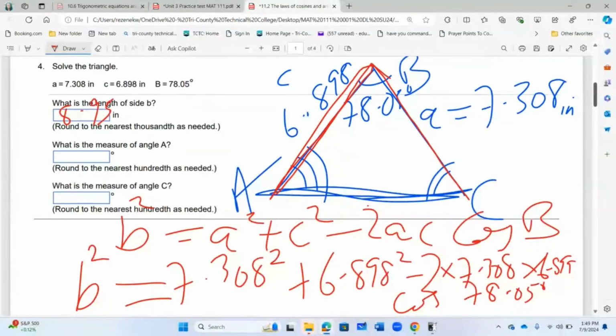I want you to see that we actually started with cosine, but we don't have to continue, because now I know two sides, and I can actually use a sine rule.